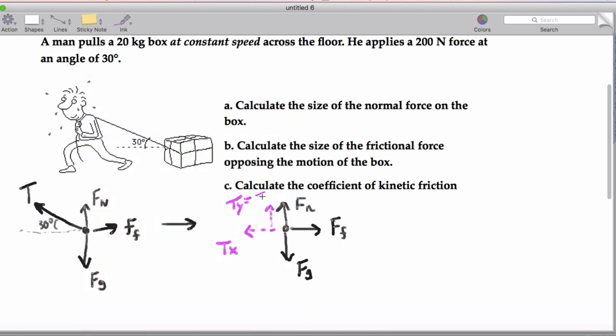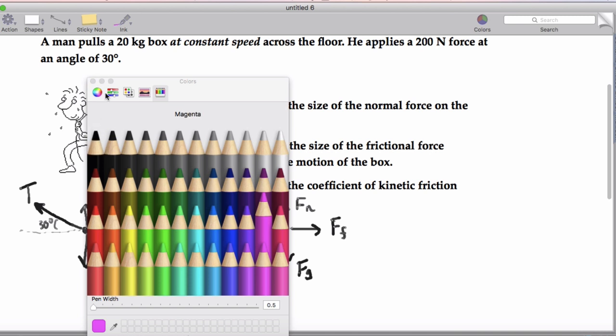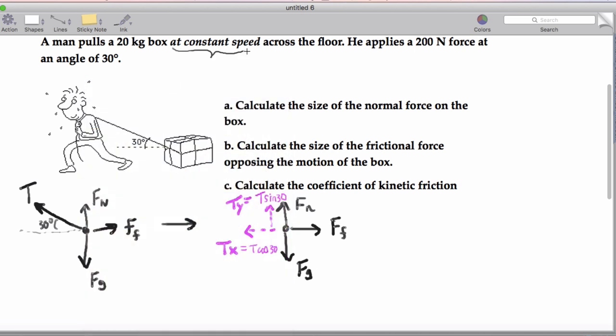That's going to be T times the sine of 30. And this is going to be T times the cosine of 30 right there. Okay, we're moving at constant speed. So what this tells me is that our forces are balanced.